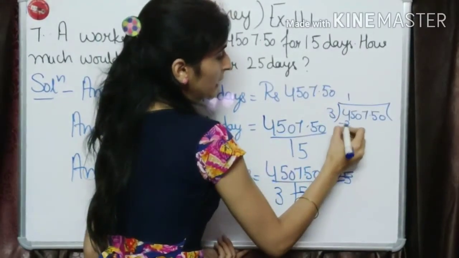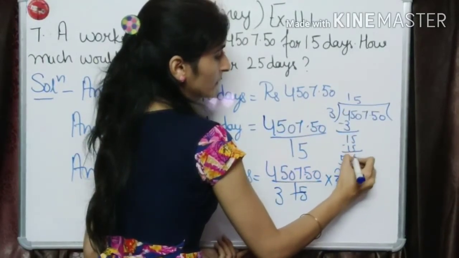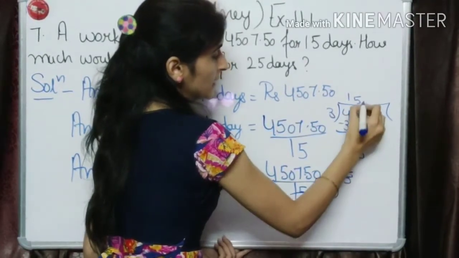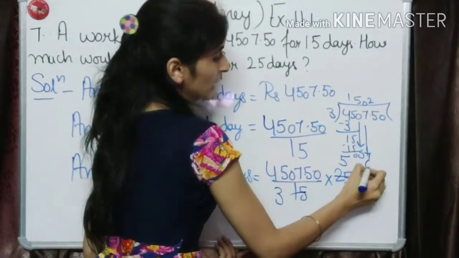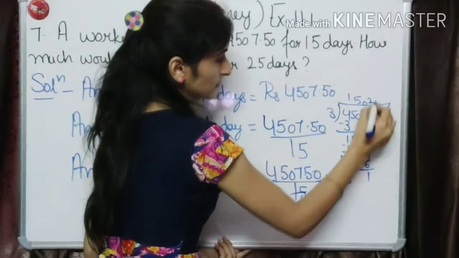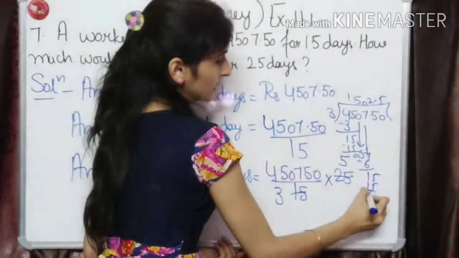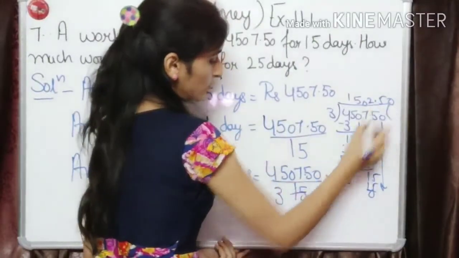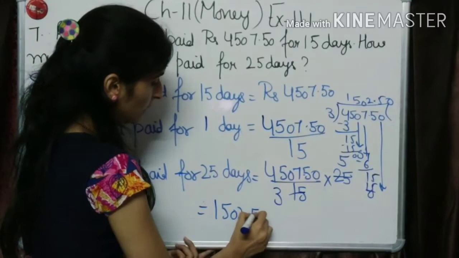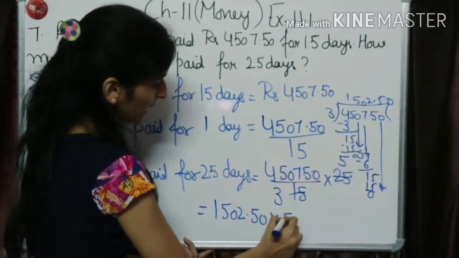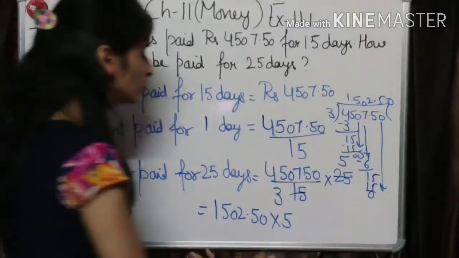So let us start dividing. 3 1s are 3, 4 minus 3 is 1, 3 5s are 15, then 0, then 3 2s are 6, point, 3 5s are 15 and this 0. So this has come 1502.50 multiplied by 5. Now we will find out the product of these two.